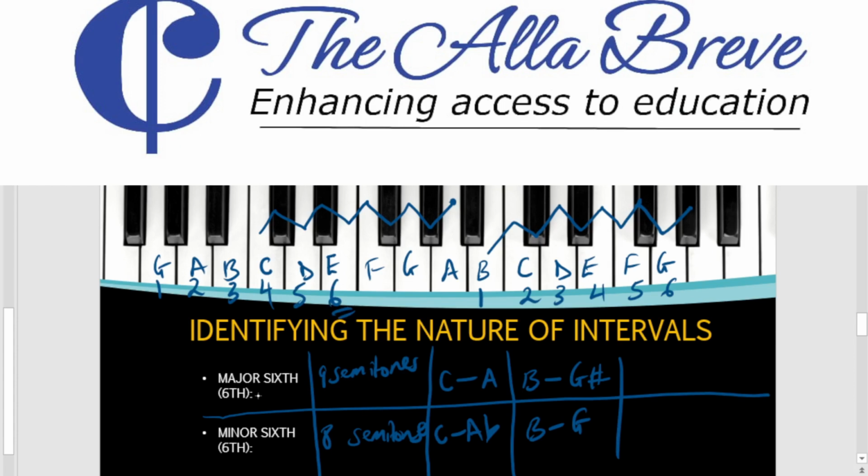To make it major, we need 9 semitones. 1, 2, 3, 4, 5, 6, 7, 8, and 9. We land on E itself. So G to E is a major sixth. If you deduct one semitone, it leads us one semitone below E, G to A flat.